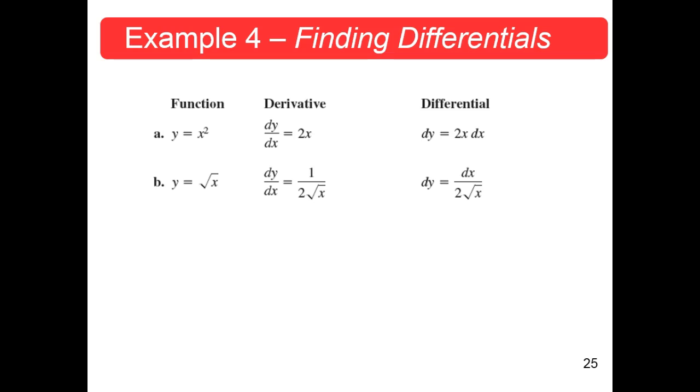If y is equal to square root of x, what would be the first thing you would do to take a derivative? Rewrite it. And what would you rewrite it as? What would be your power? 1/2. That's square root.